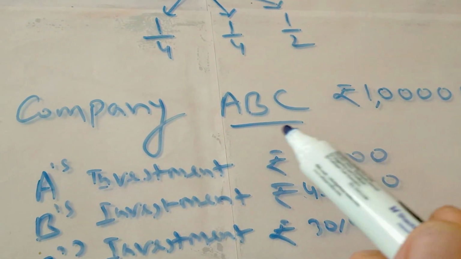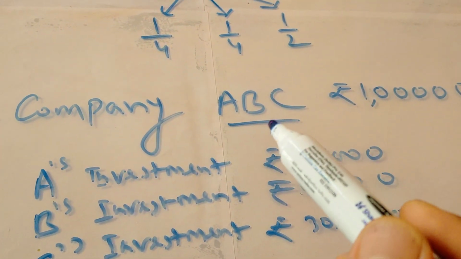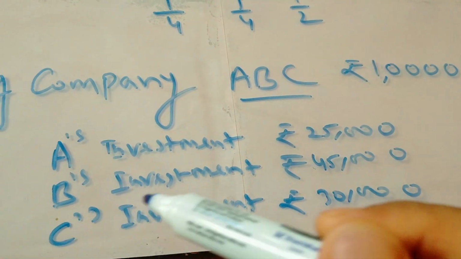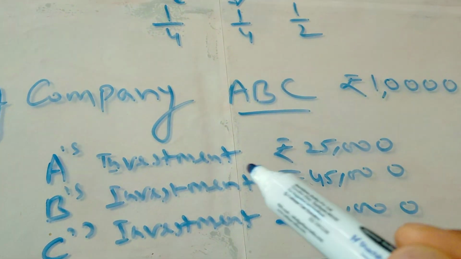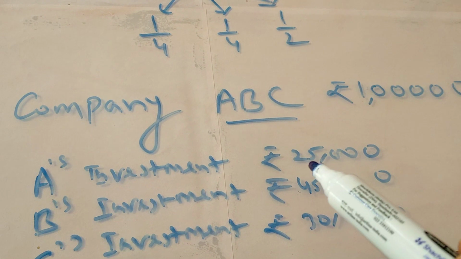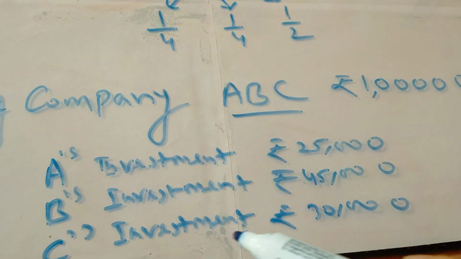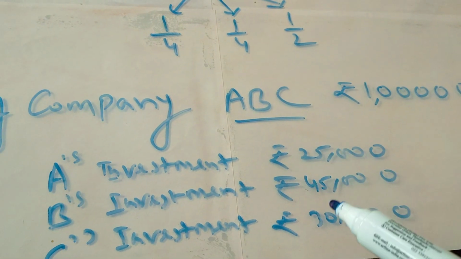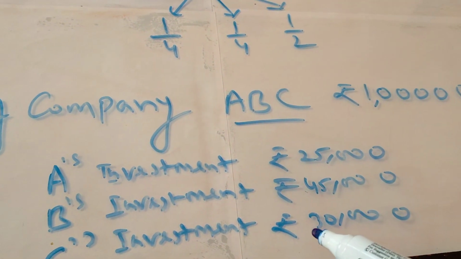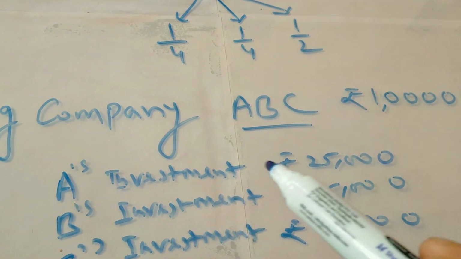So this ABC company has been formed with the help of these shareholders. This one is the share of A, this one is the share of B, and this one is the share of C. You can say these are investments also, these are the parts also. So a part is called a share.